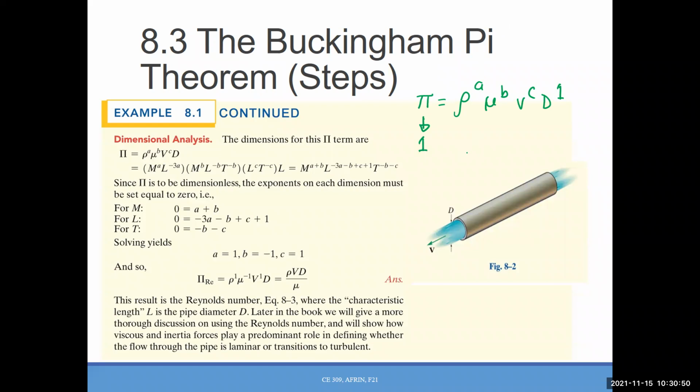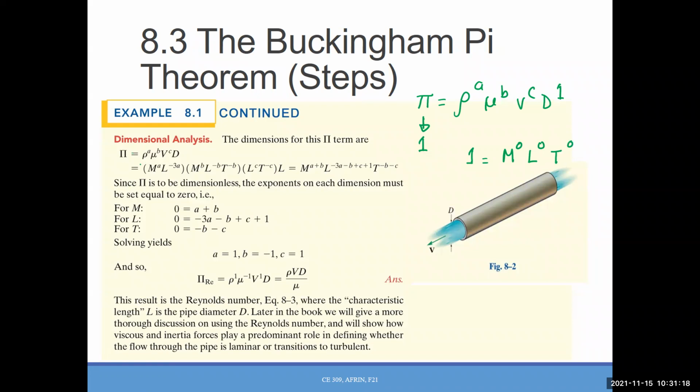And do you remember that anything to the power 0 equals 1? Do you remember that? Whenever something is 1, that means the exponent is 0. That's why you can say that.